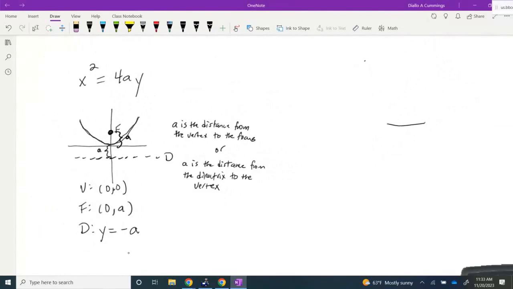All right. So now let's look at the second type. x squared is equal to -4ay. So notice here the coefficient of your y variable is negative, right? Or a is negative.